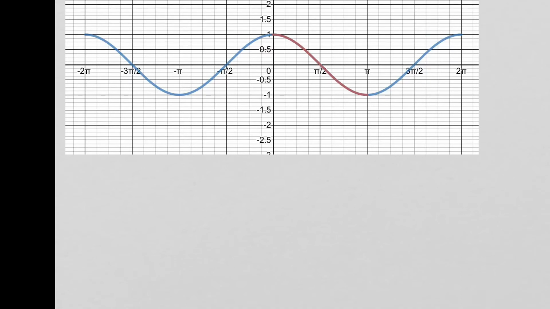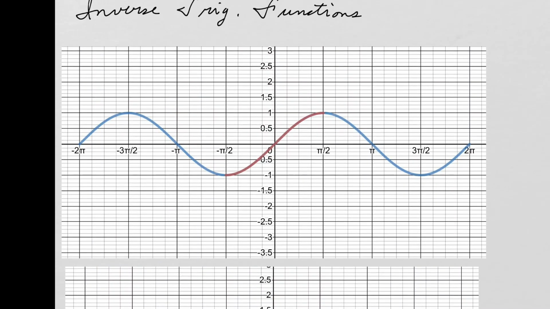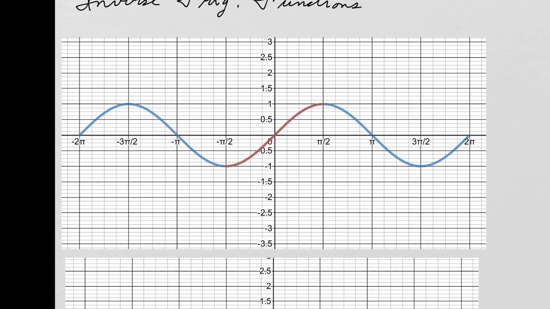So here's my sine function, right? And remember, the red is going to be the restricted sine function. So that's the domain where I make it 1 to 1. So if that's the case, what does the actual inverse function look like? Well, let me plot that.